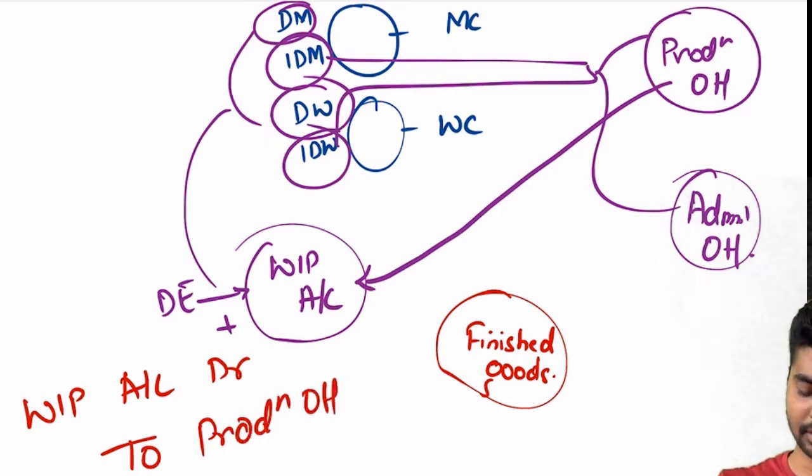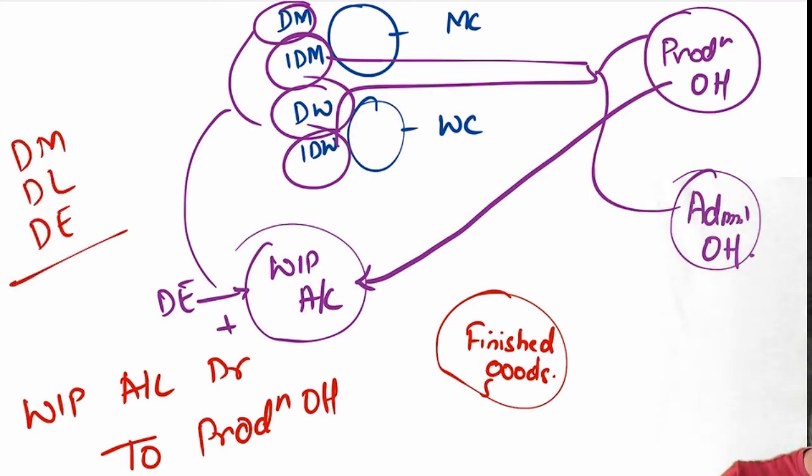So once it has been received by the WIP, if you see what all got added to the WIP account: direct material, direct labor, direct expense, plus my production overheads. This we call finished goods.